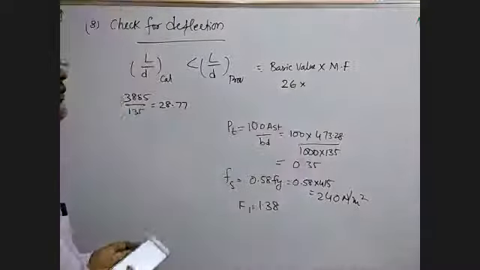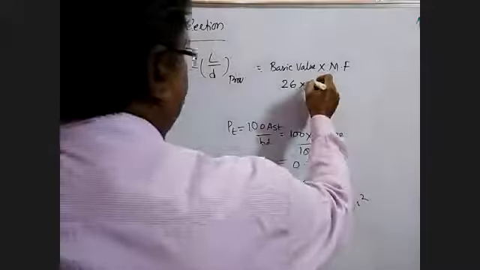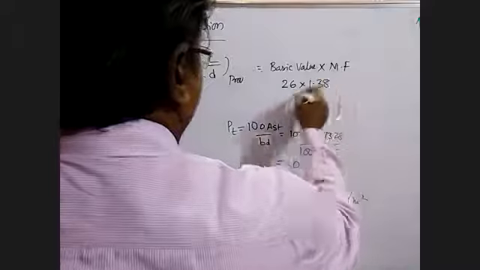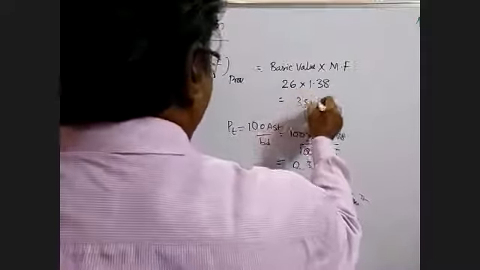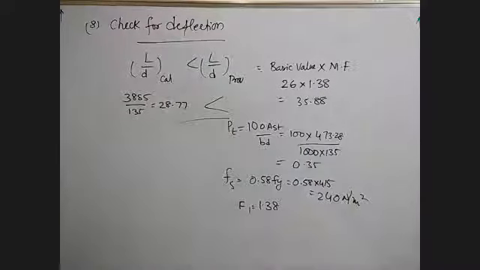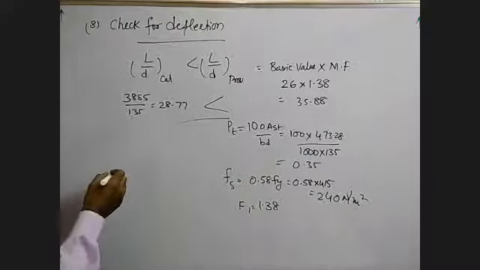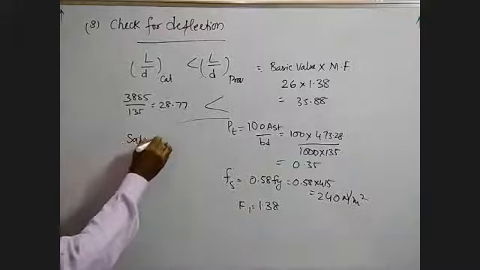So modification factor is F1, F2, F3. The remaining values are 1. Here you will get 35.88. So now 28.77 is less than 35.88, so it is safe against deflection.